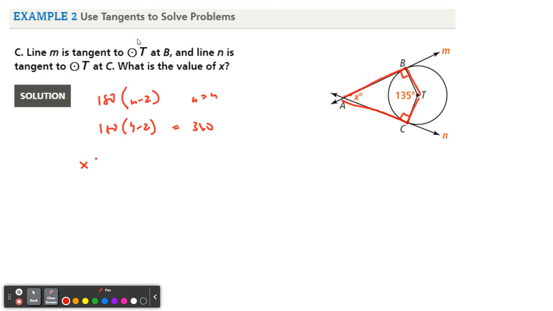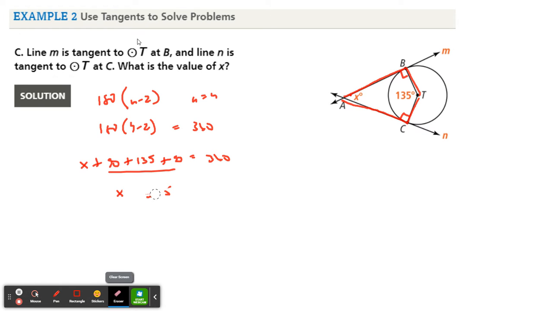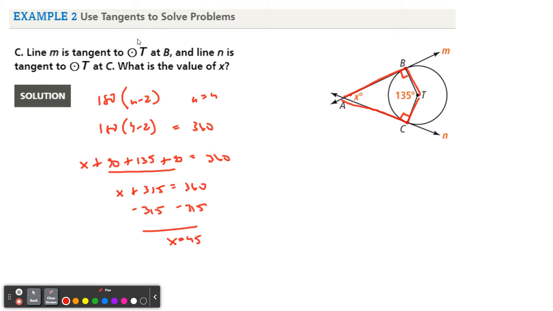So we can say X plus 90 for one of the right angles, plus 135, plus 90 for the other one, equals 360. Add up what you know, that's 315. X plus 315 equals 360. We subtract 315 on both sides, and X equals 45 degrees.